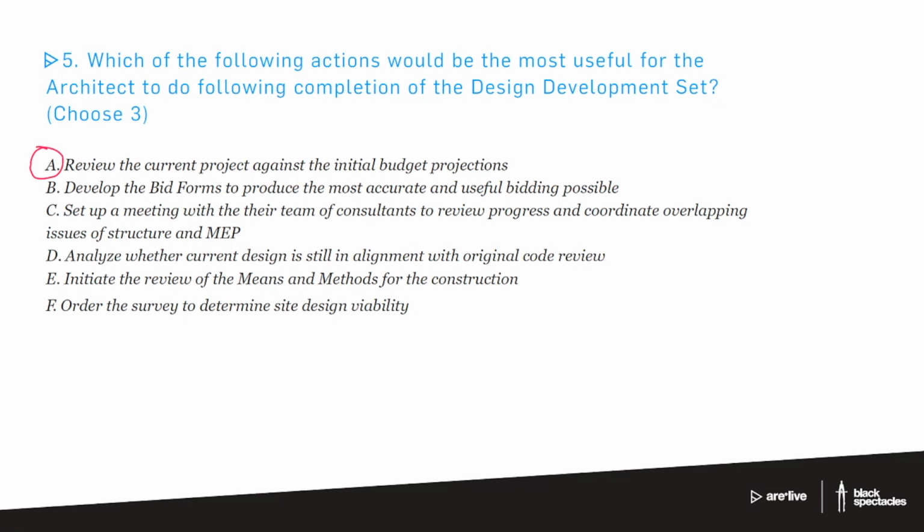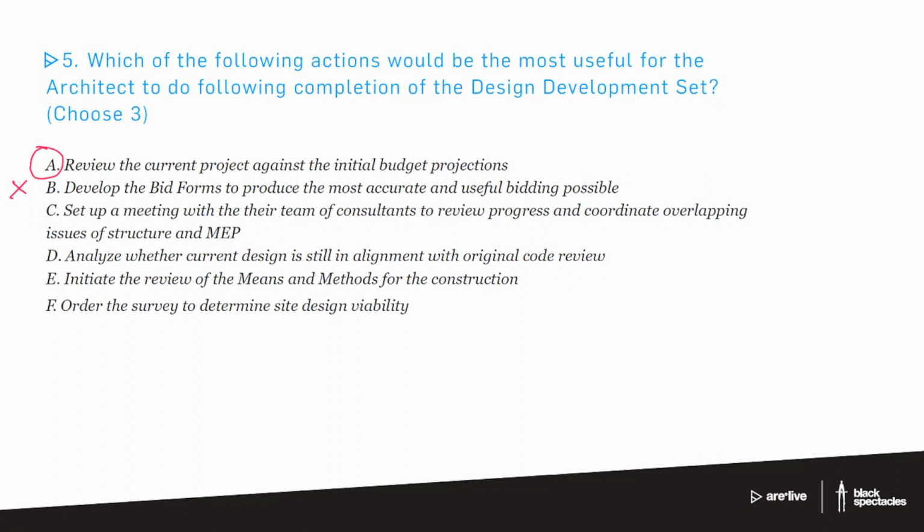You've had conversations with the owner, which you probably really can't have until the end of design development, about, well, what happens if the building comes in too expensive? Are there things we don't have to include? Are there things on the wish list versus things that must be in there? So B is a great thing to do, but it would be happening during the bid phase or at the very end of the CD phase.